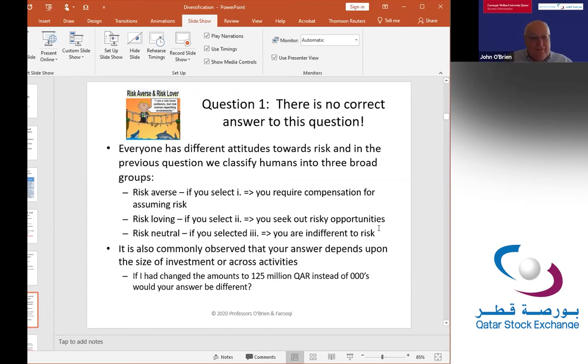So there's a whole lot of factors that have gone into determining risk preferences, and it's just really a behavioural phenomenon. It's not something that is right or wrong, and most humans would exhibit different types of risk behaviour in different situations.